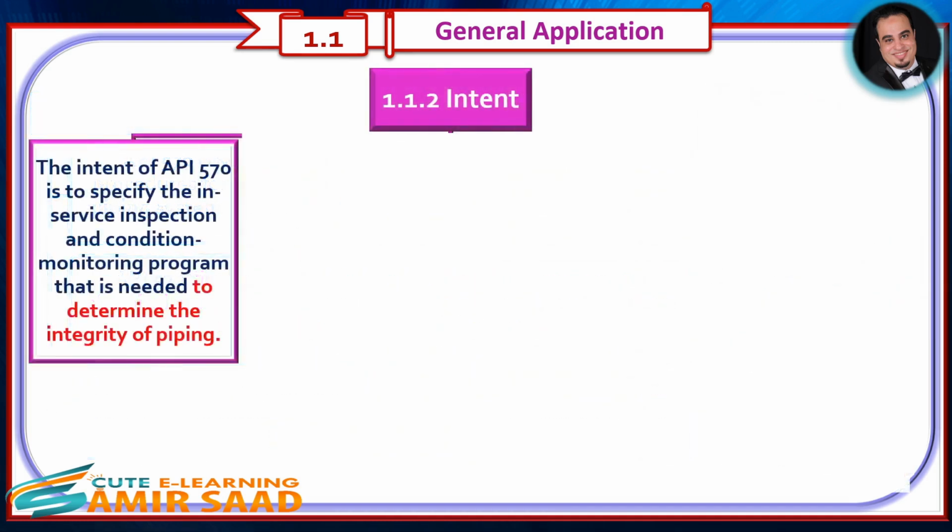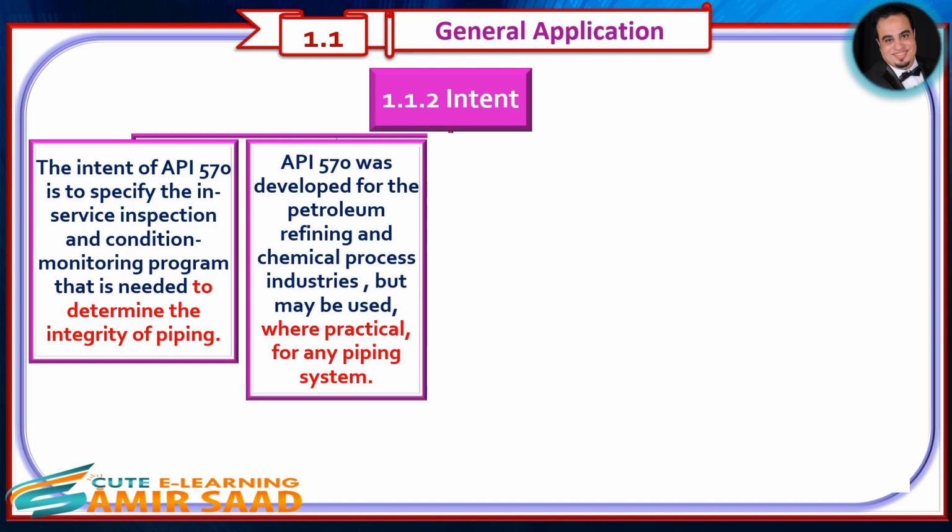The intent of API 570 is to specify the in-service inspection and condition monitoring program that is needed to determine the integrity of piping. API 570 was developed for the petroleum refining and chemical process industries, but may be used, where practical, for any piping system.